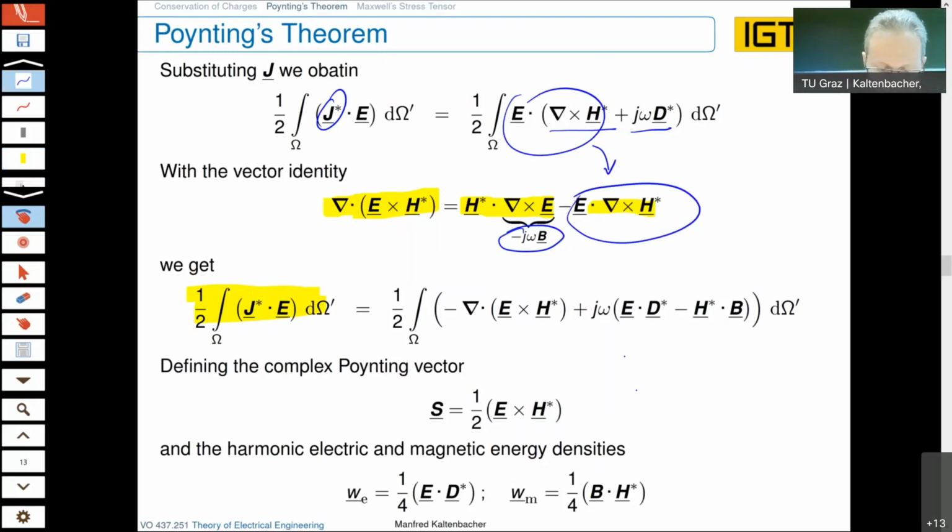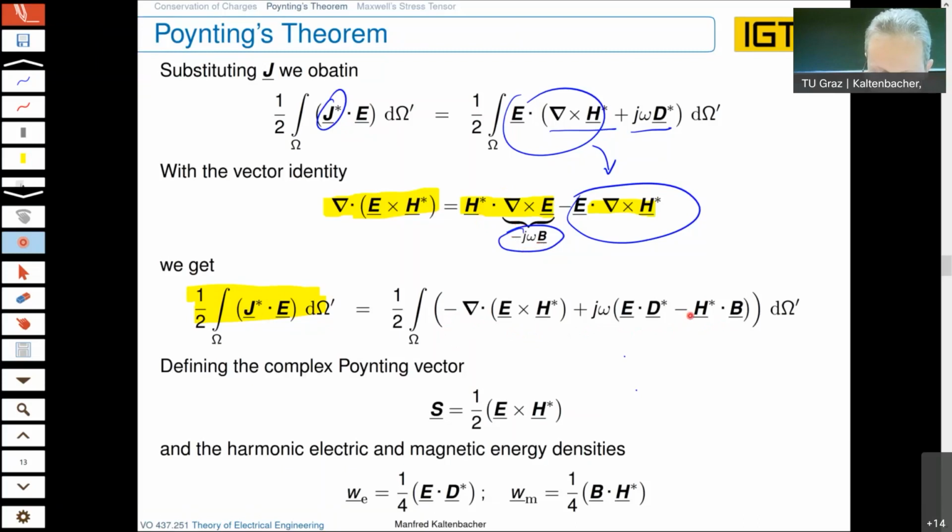That is why we have here the minus of the divergence of the cross product of E and H. And we have here this additional term, which is coming from here, with minus j omega B dot product with H conjugate complex.